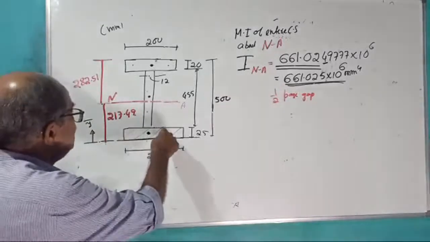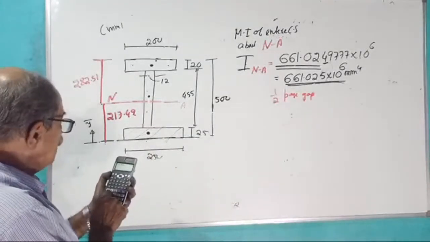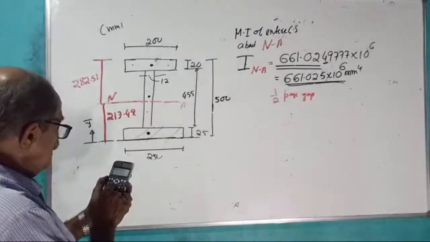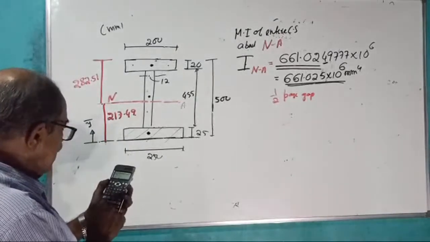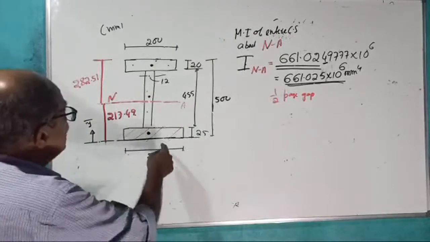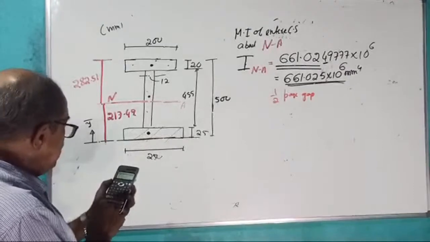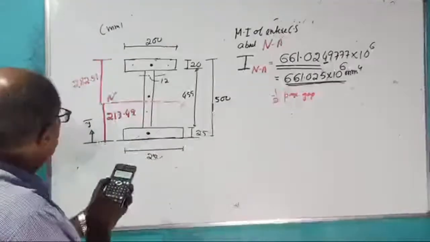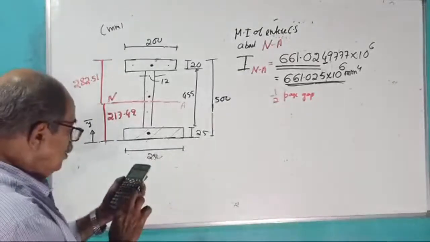That is I for the middle one, plus 12 into 455 cube divided by 12 plus 12 into 455, the area, into (25 plus 455 by 2, subtract 217.49) that number squared.